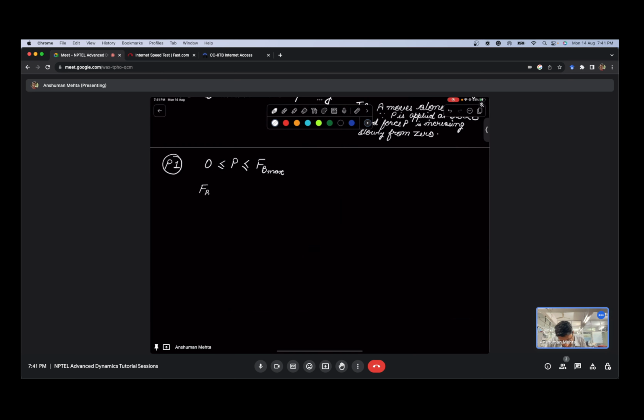So what will happen that FB will be developed which will cancel with the applied P. FA will stay 0.